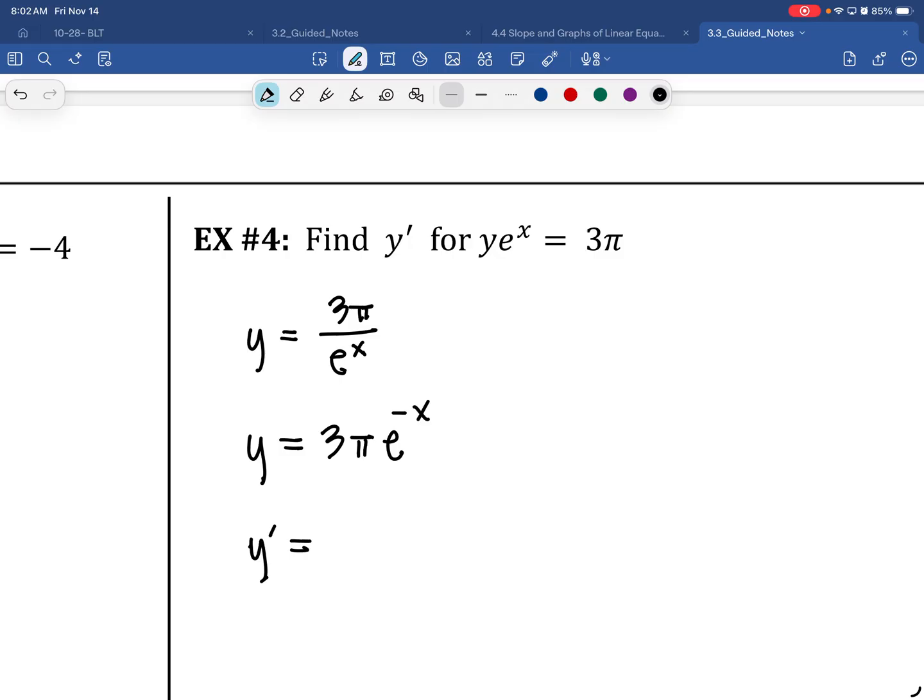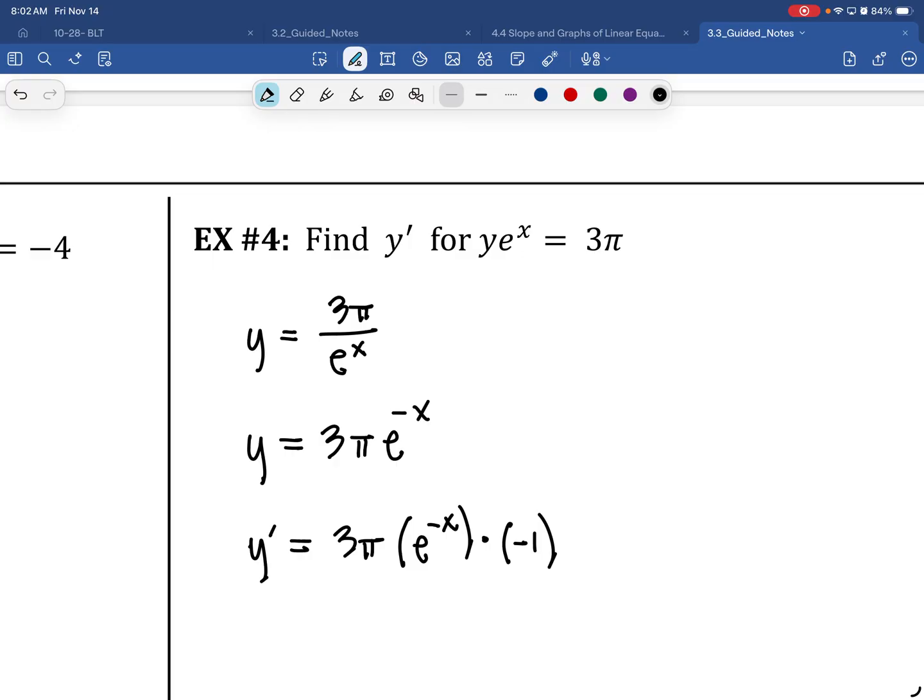The derivative of e to the negative x is e to the negative x times what? -1. Everybody recognizes where the -1 came from?